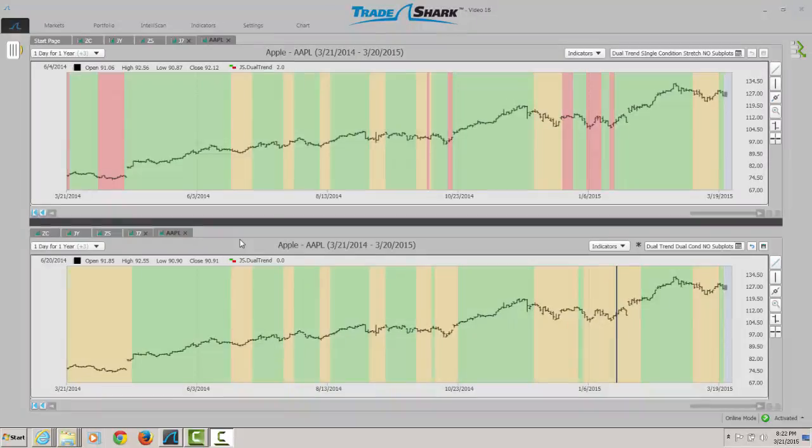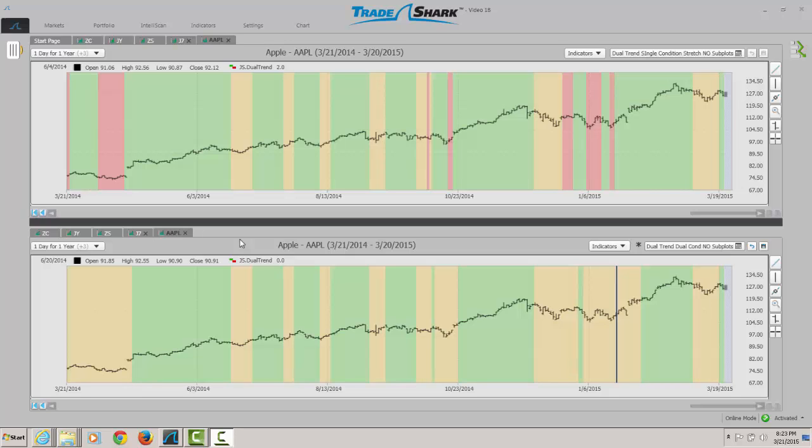We'll finish our survey of the dual trend indicator by taking a look at a stock example, namely Apple. But before we do, let me just comment that stocks have certain distinctions that merit separate discussion, and we will be covering the application of the Jack Schwager indicators to stocks in a separate video.